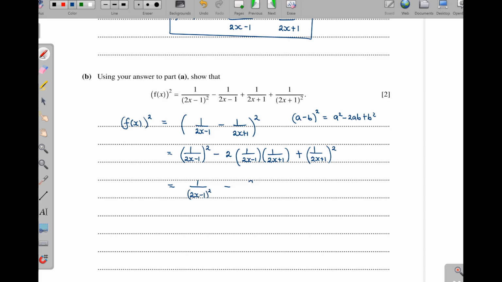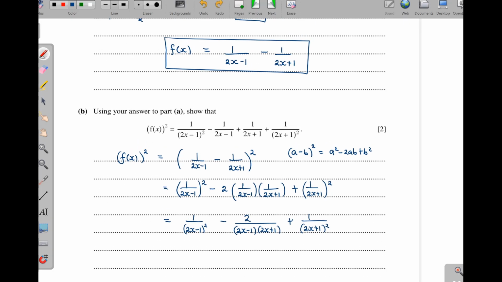Then this is minus, this 2 can multiply with everything here, then out of you get 2x minus 1 times the 2x plus 1, then plus 1 out of 2x plus 1 squared. But they said use your answer to part A to show that this is that. Now, do you see this part here?